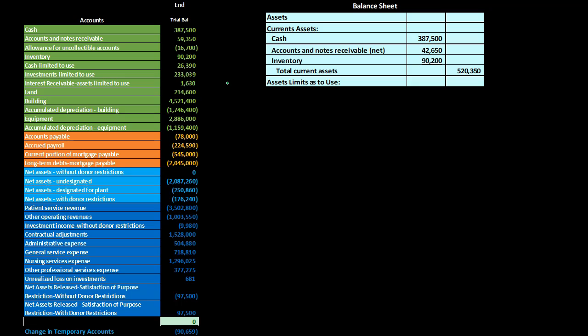Next, we have the assets that are limited to use. We're going to have a subcategory to mark out to the users that these are the assets that are limited to use. That includes the cash. Notice in our trial balance, we have cash and then label it limited to use within the name because we don't have the ability to have the subcategory. Here, we are within the subcategory, and therefore this cash amount in that subcategory is limited to use.